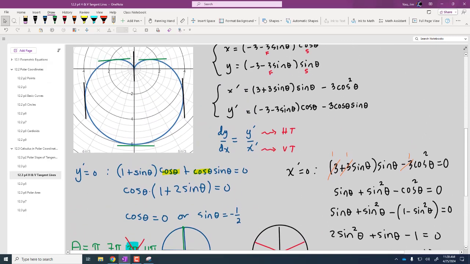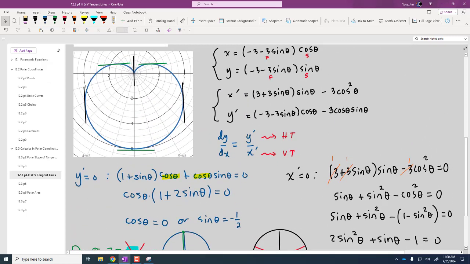Yeah. And then 7 pi over 6, that's going to be over here. So 7 pi over 6 looks like it is right there. This looks like 2, 4, it's probably 5, it's 4.5, I think. No, yeah, it's 4.5.